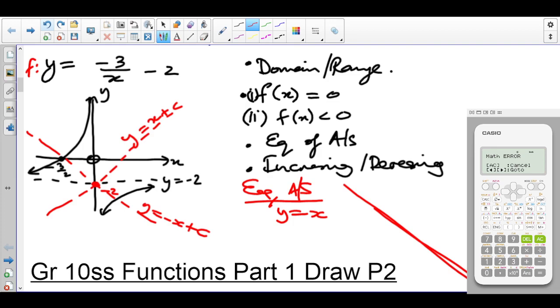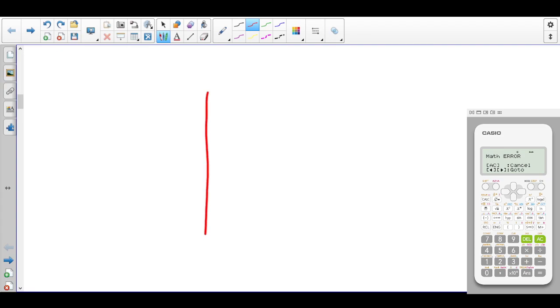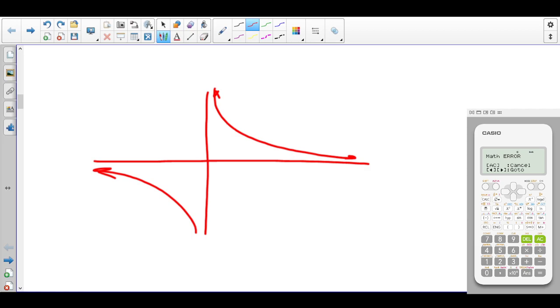The reason for that is because if I just take you one step back, when we drew this graph with a table a couple of lessons ago, you remember this? Okay.